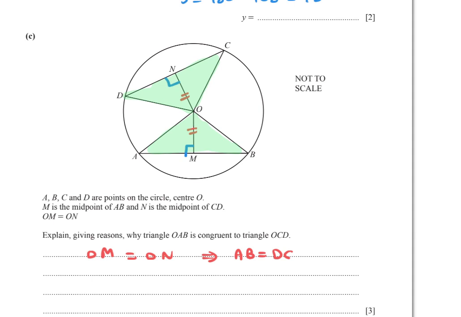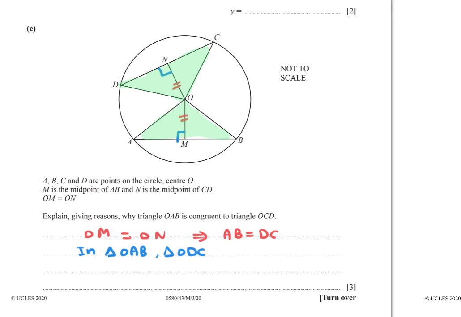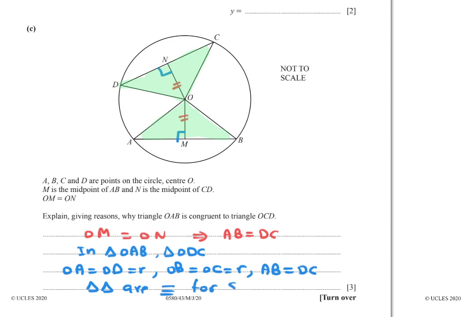So the sides are equal, so the two triangles are congruent for SSS.